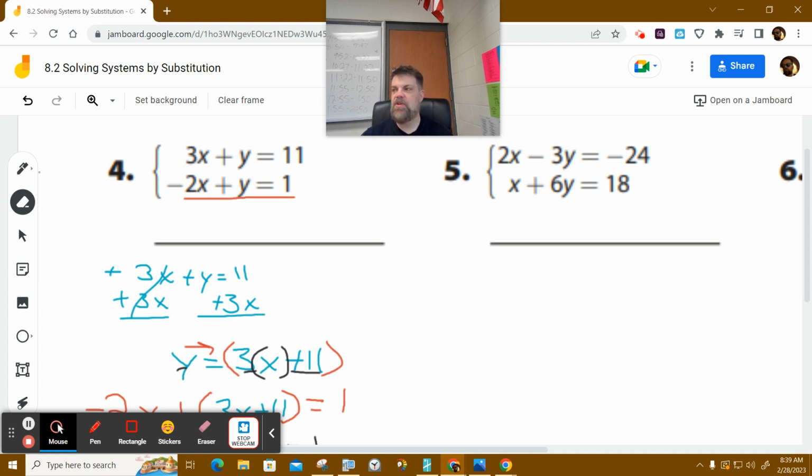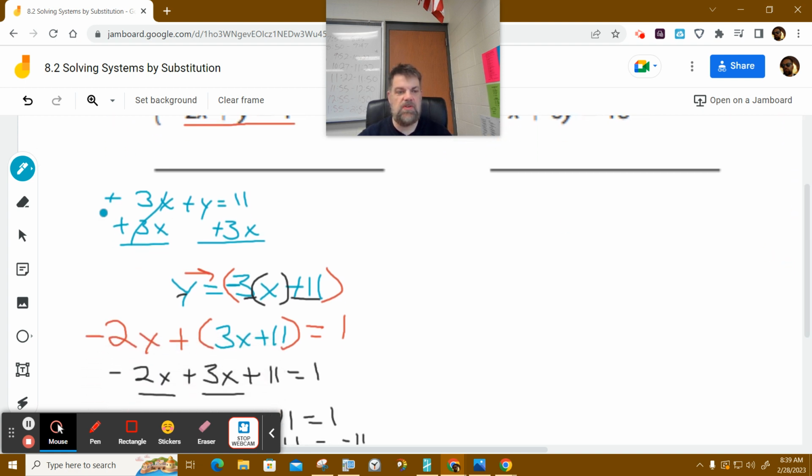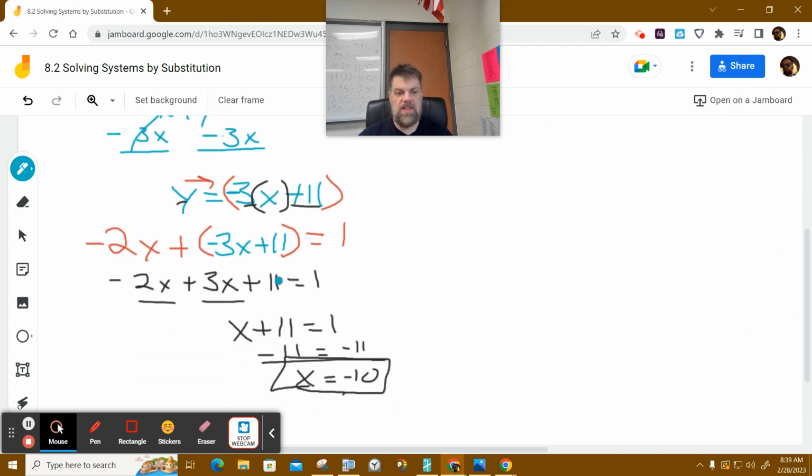Yeah, that happens in the real world sometimes. So that means this would be -3. It's not the end of the world. It's actually pretty easy to fix. Instead of adding 3 to both sides, I would subtract 3. So then this becomes a -3, so this becomes a -3x.